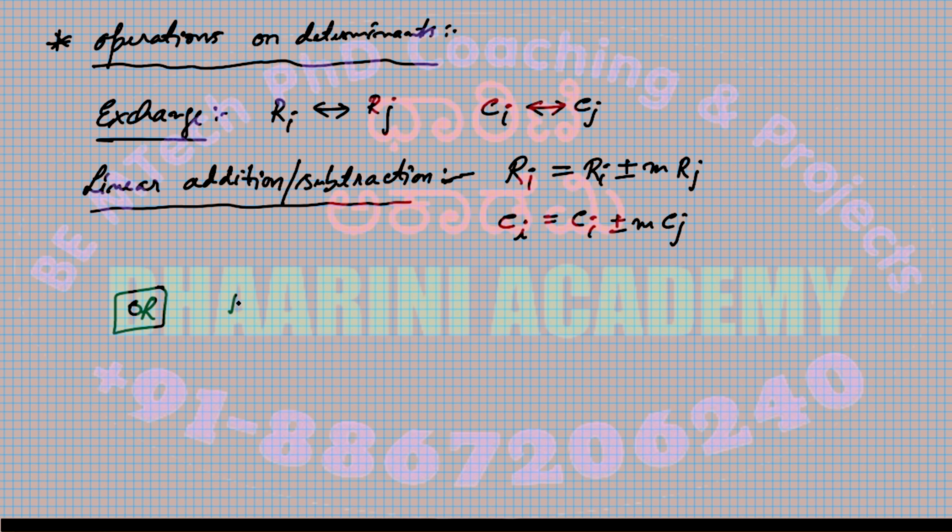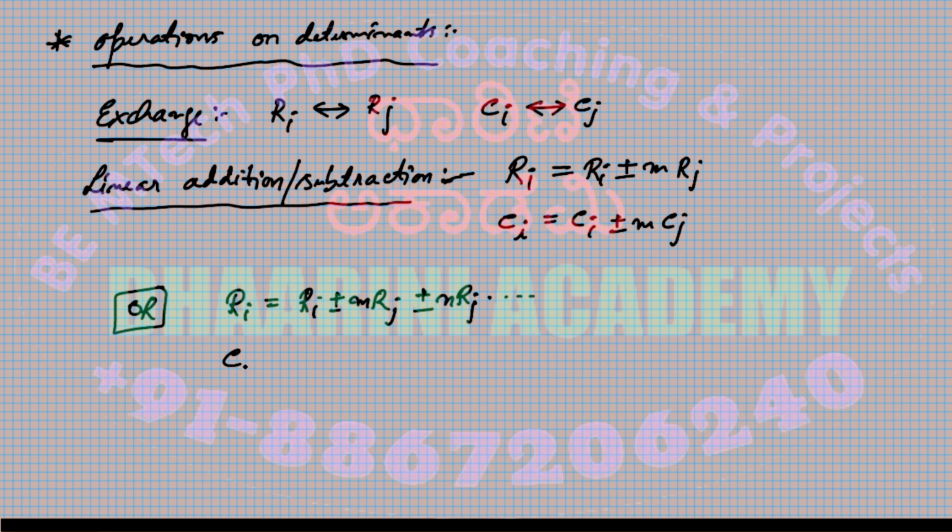So I can also write Ri is equal to Ri plus or minus m times Rj plus or minus some other n times the next one. So this can be extended depending upon how many rows or columns you have.